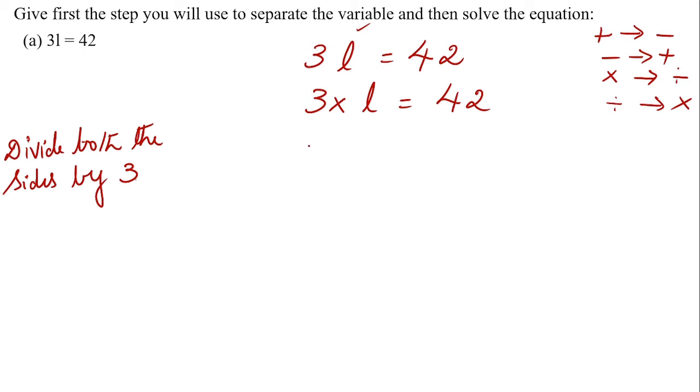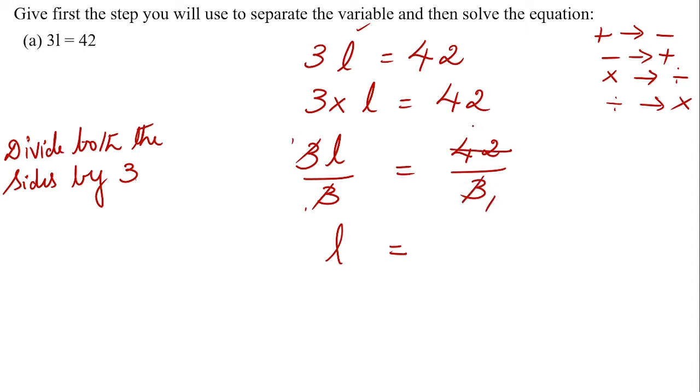So here it will be 3L divided by 3 is equal to 42 divided by 3. 3 ones are 3. So what remains here? L is equal to how much is 42 divided by 3? 3 ones are 3, 1. 4, 3 fours are 12.